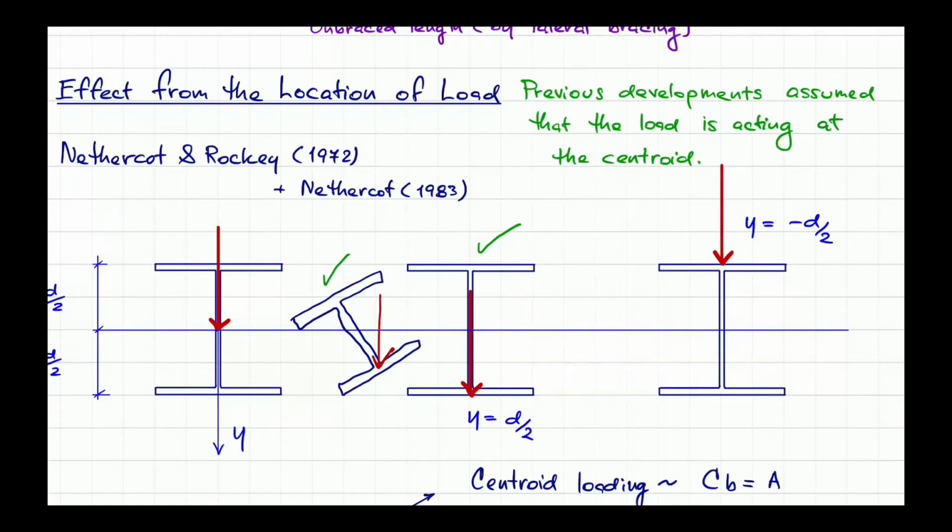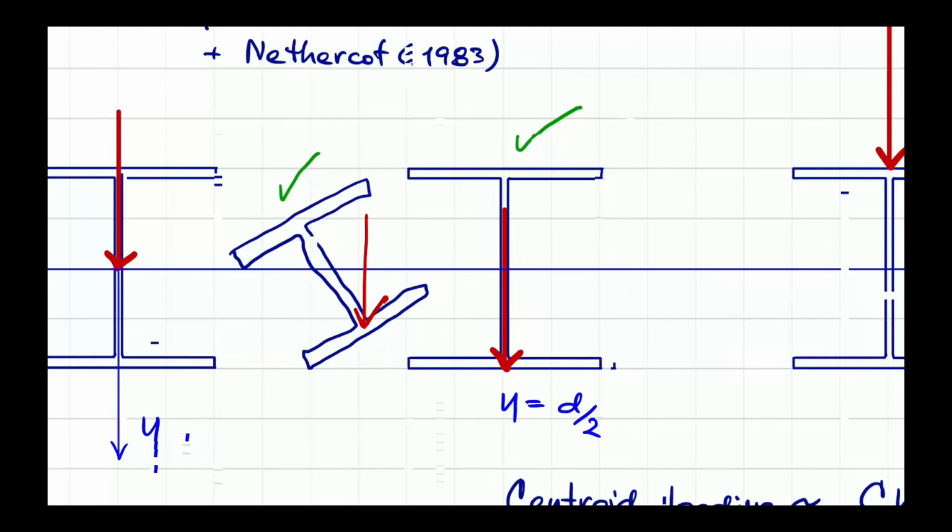My point is the effect of the location of the load, like this, what do you think? How does this affect the torsion which is going on from the instability of the beam? Actually, the load that is applied at the bottom flange helps stabilize the beam.